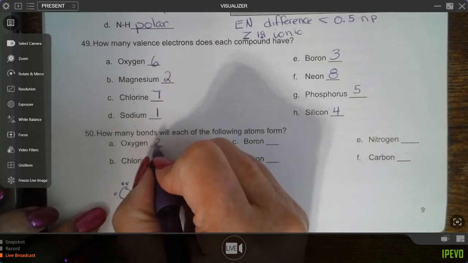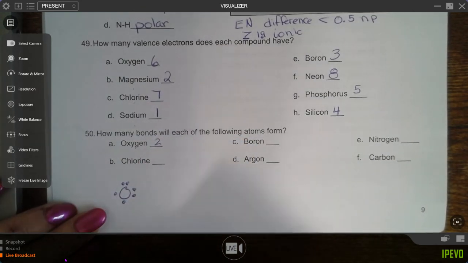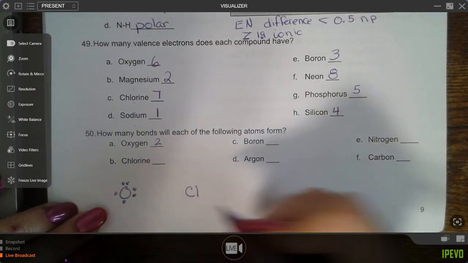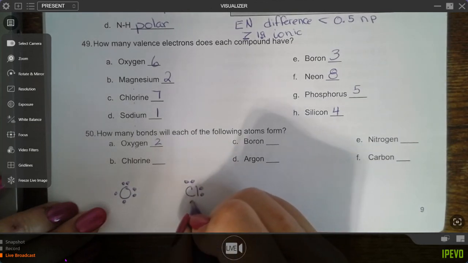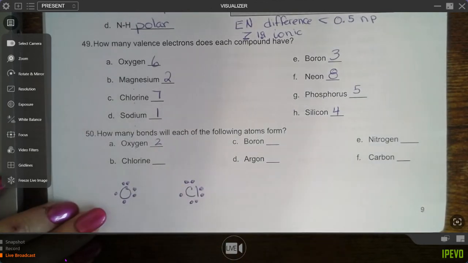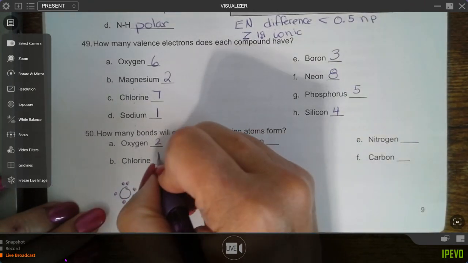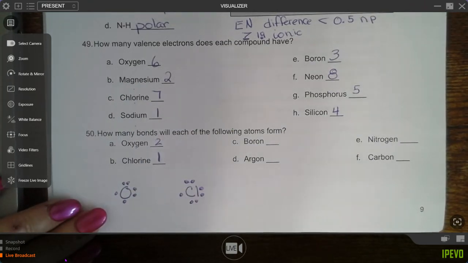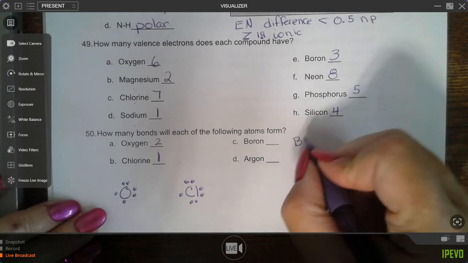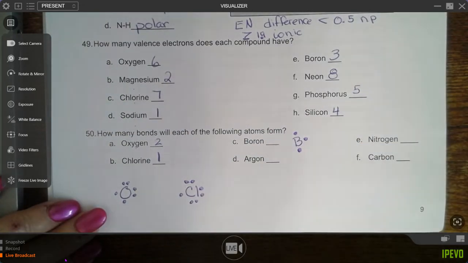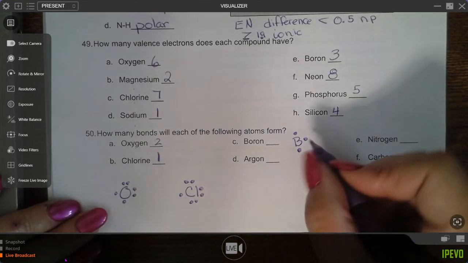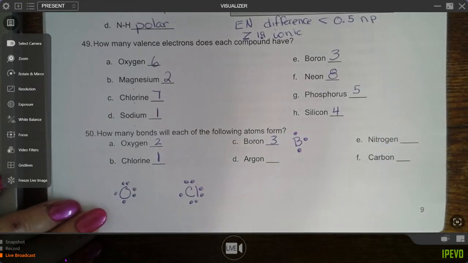So oxygen is going to form two bonds. Chlorine has 7 valence electrons. So it's only got 1 solo electron, so chlorine will make 1 bond. Boron has 3 valence electrons. Boron's special. Remember, boron is content with only 6 electrons. It doesn't need 8. So boron is going to make 3 bonds.